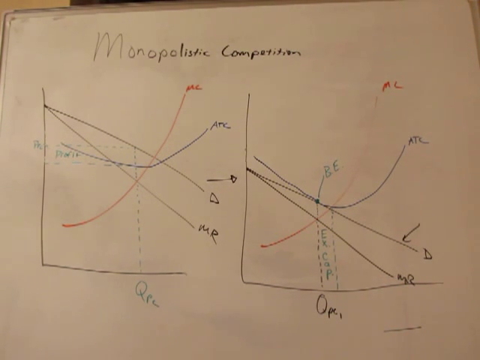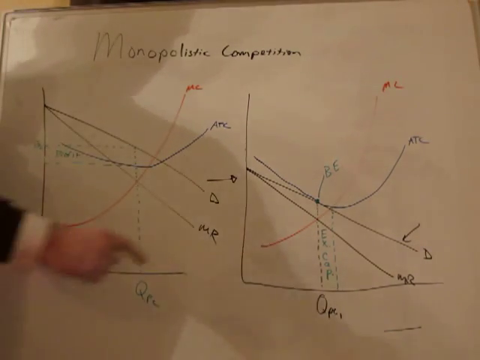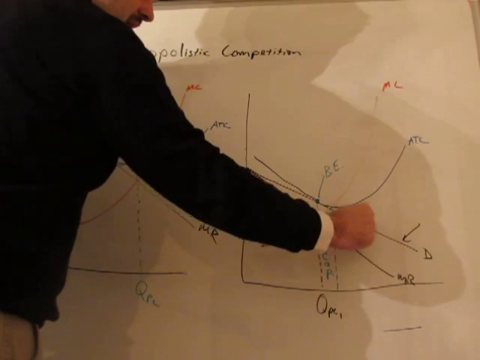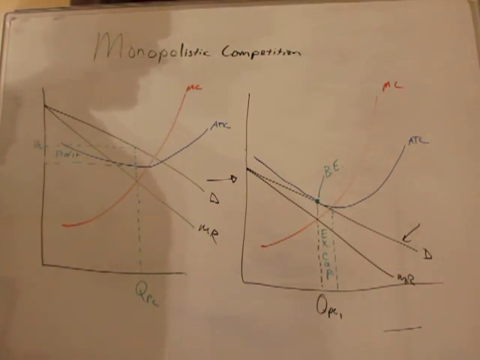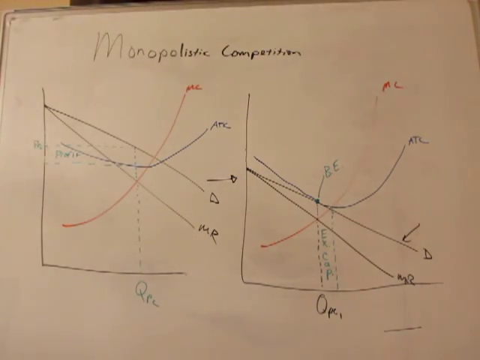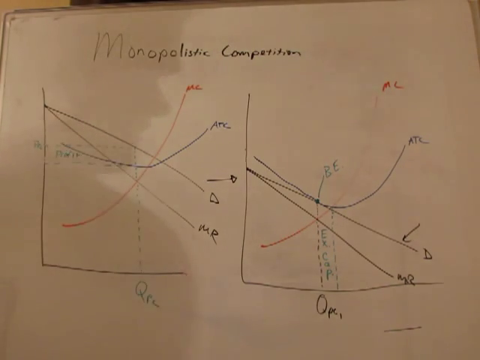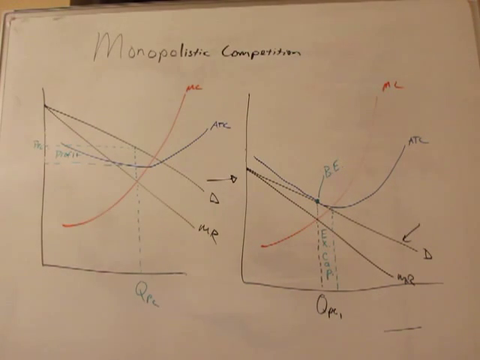Now, unlike perfect competition, the line that is going to change on our graph is our demand curve. It is going to shift to the left. And in this case, our demand curve has shifted to the left in the long run. In the long run, the reason the demand curve is what shifts is because we now have more competitors offering substitutes.